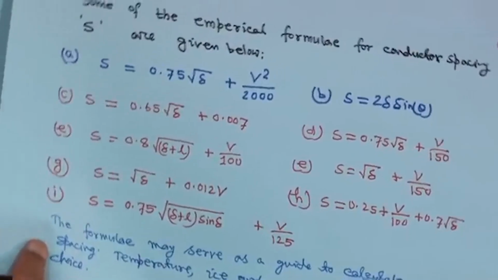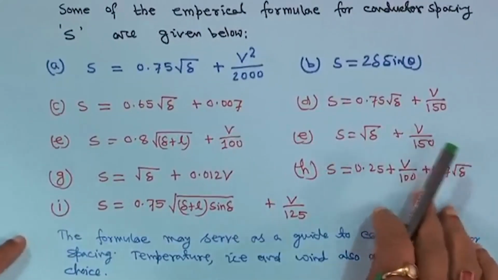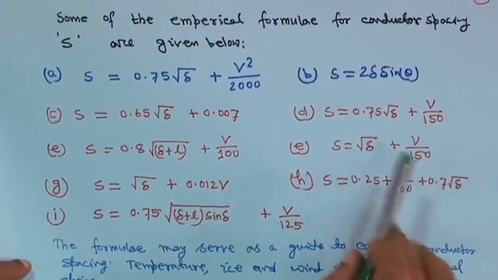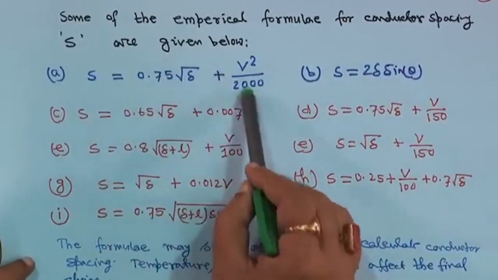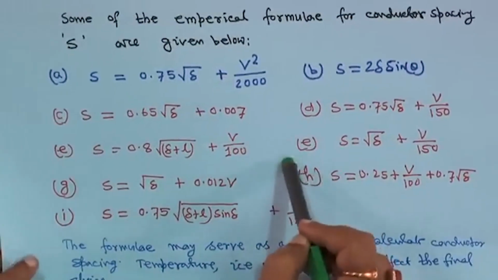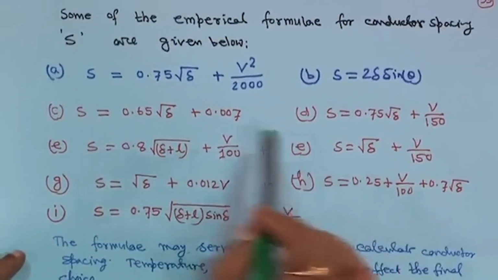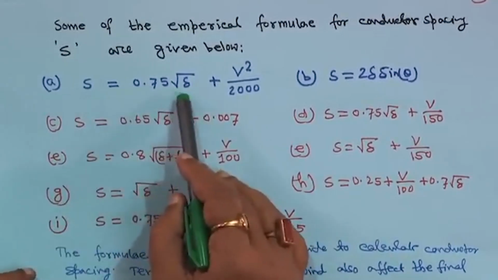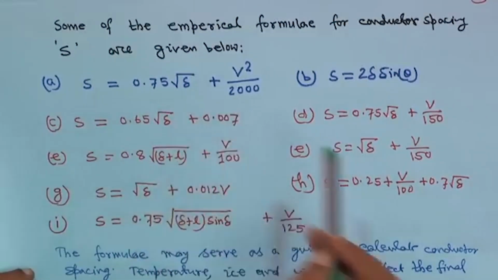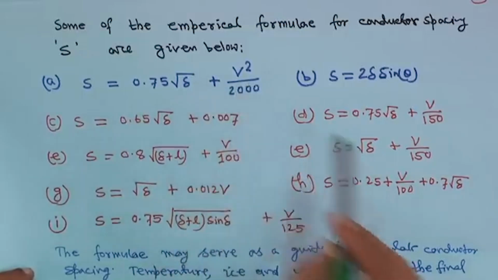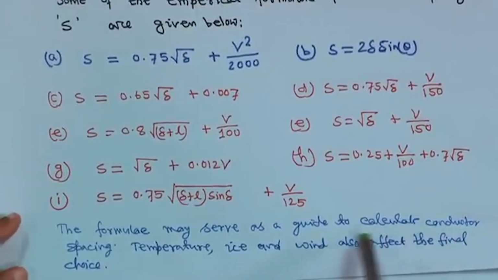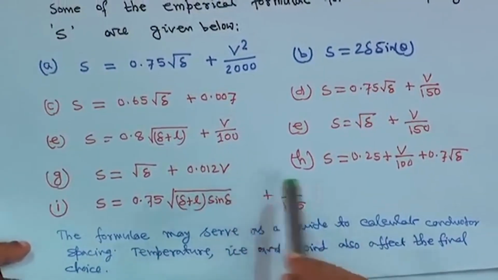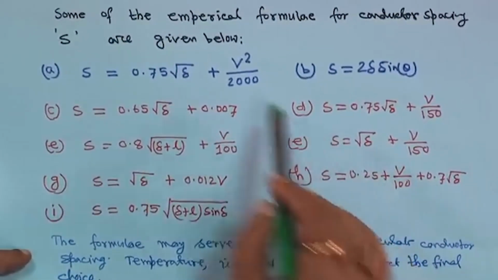There is no direct formula for conductor spacing, but some empirical formulas for conductor spacing S are given. Whatever I have got, I have brought here. One is S equal to 0.75 root delta plus V squared by 2000. This will give some idea.